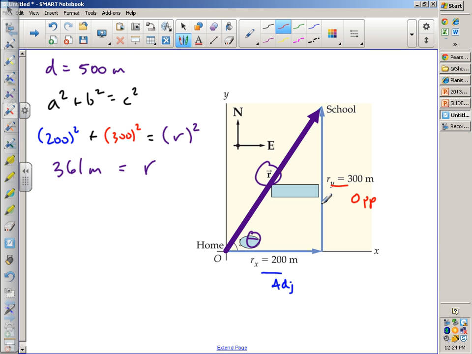Now, since we've already figured out the hypotenuse, you actually have a couple more ways that you can do this. But if we stick with the information that was given to us, what trig function relates opposite and adjacent together? Tangent, right? So tangent theta is equal to opposite over adjacent. So we start plugging in things that we know.